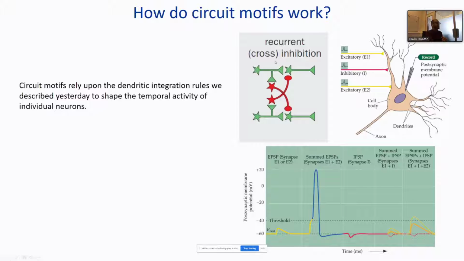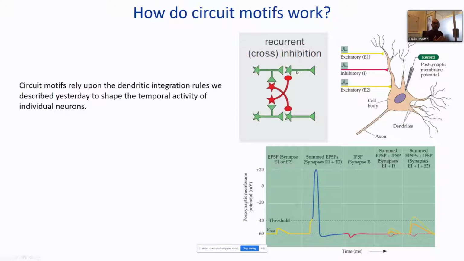If you have, for example, here a recurrent inhibition, which we're going to go through in detail, when this neuron excites this neuron, it is also able to excite an interneuron, which is shutting down a parallel pathway of information. So at the moment in which this neuron is active, the information propagates only along the path identified by these two neurons here, while when this neuron takes over, information propagates toward this path, but not the other path.